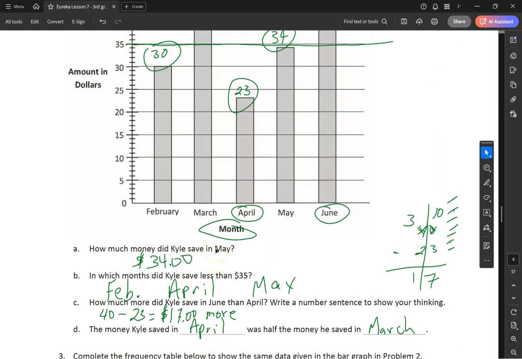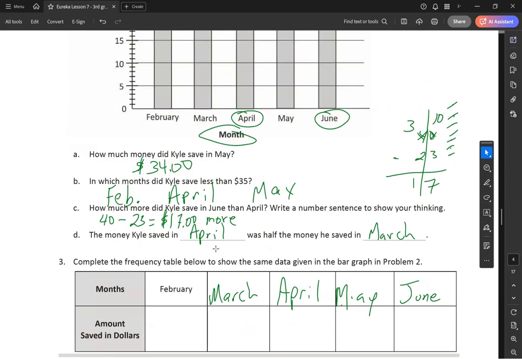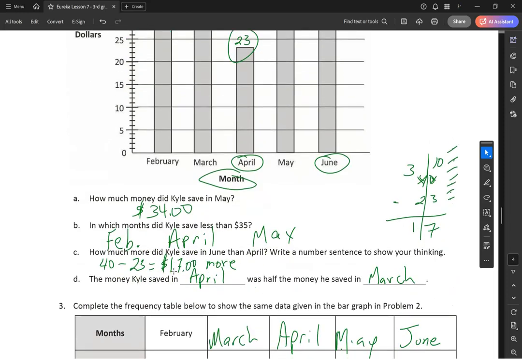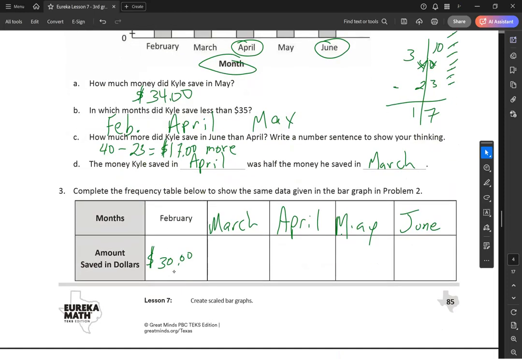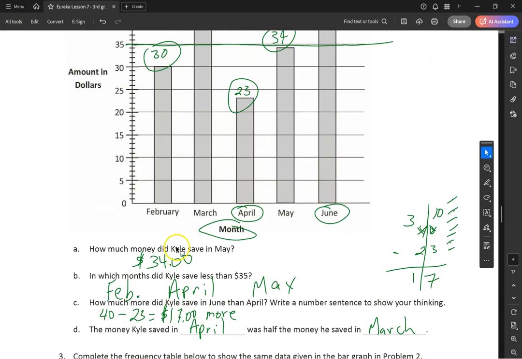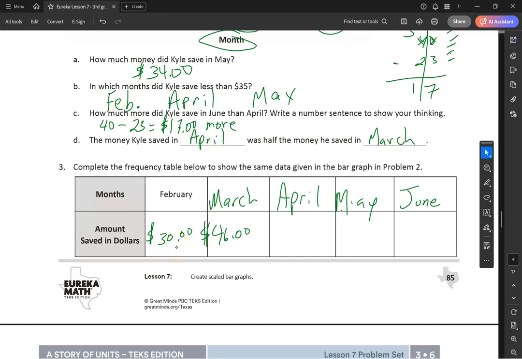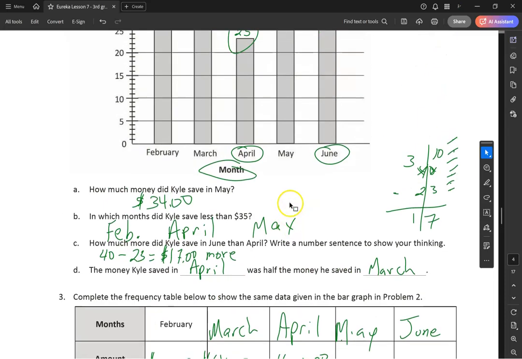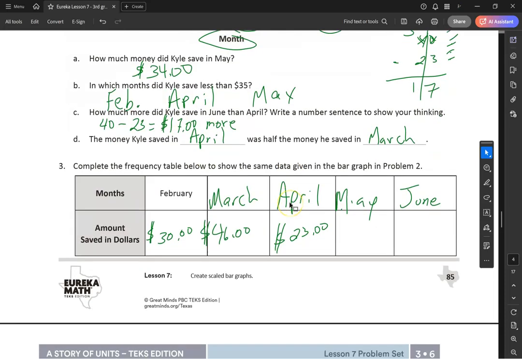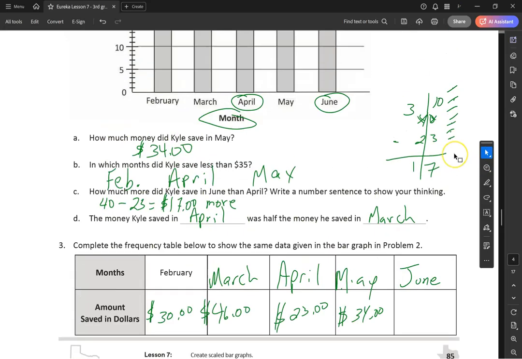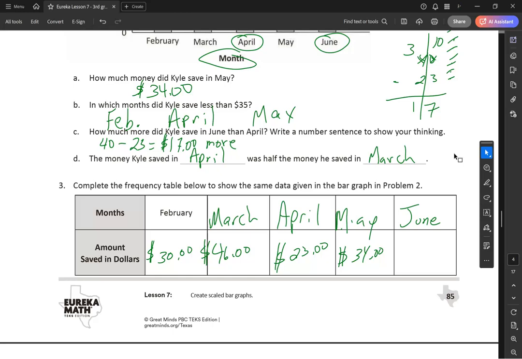Okay, now the amount in dollars saved. So February was 30. March was 46. April was 23. May was 34. And June was 40.